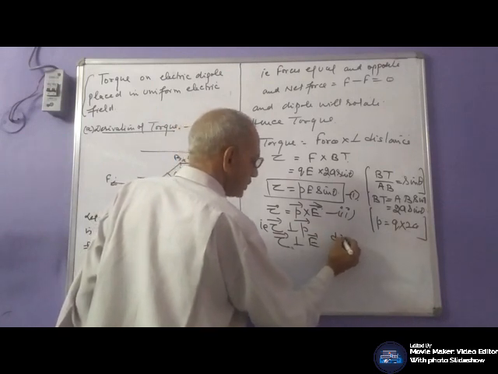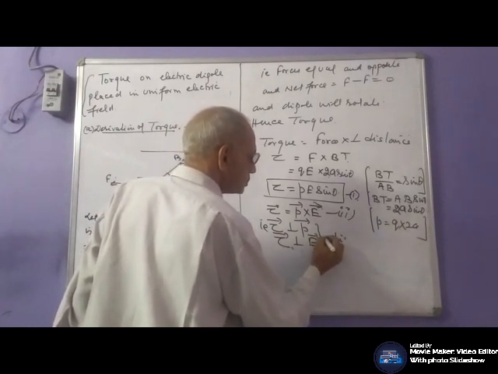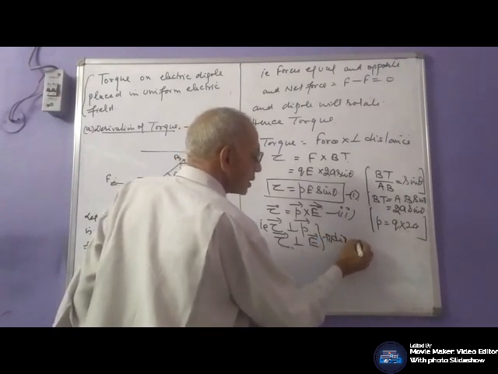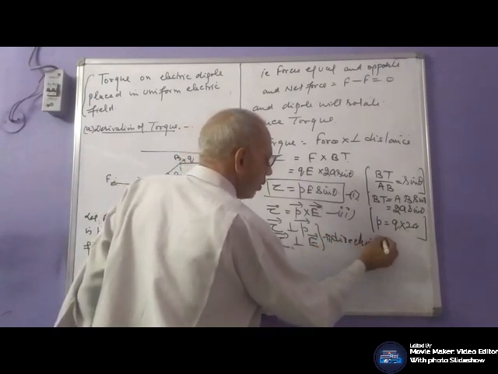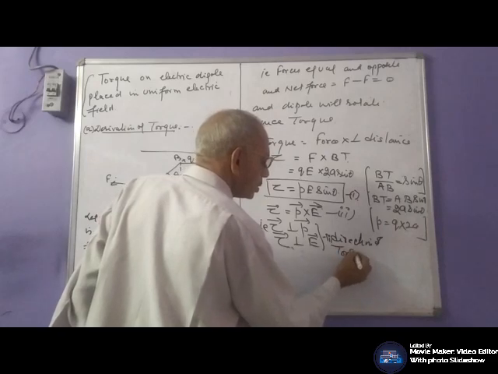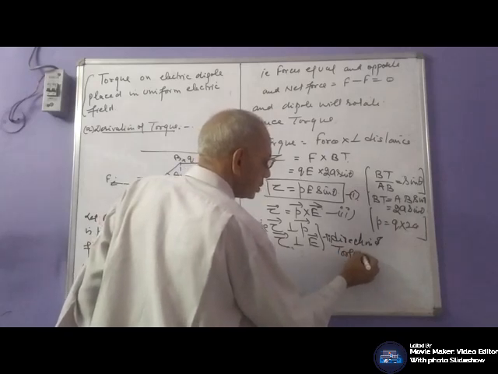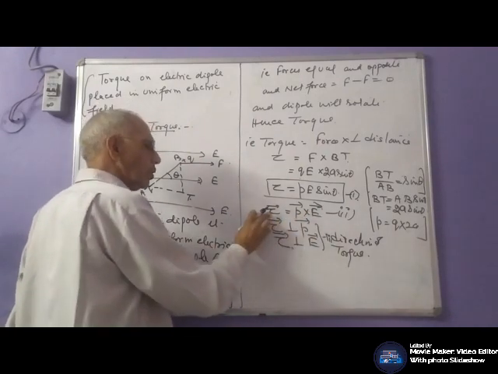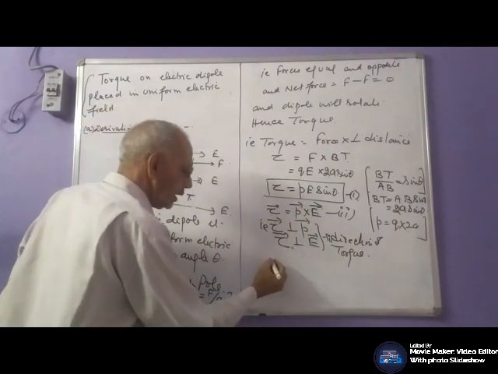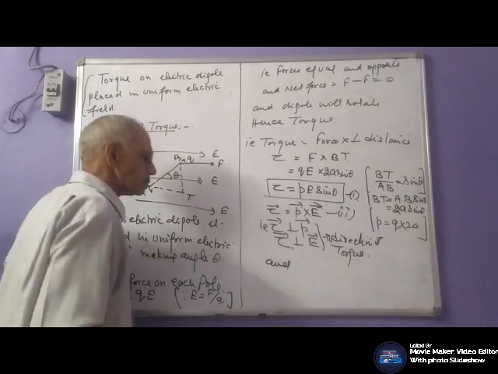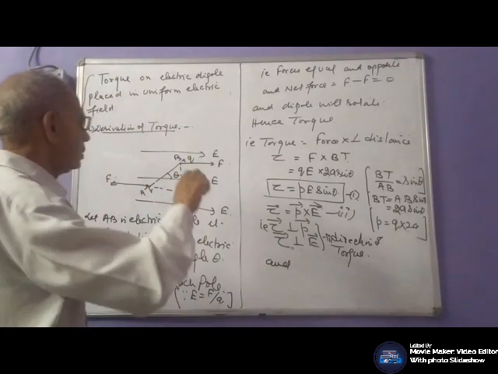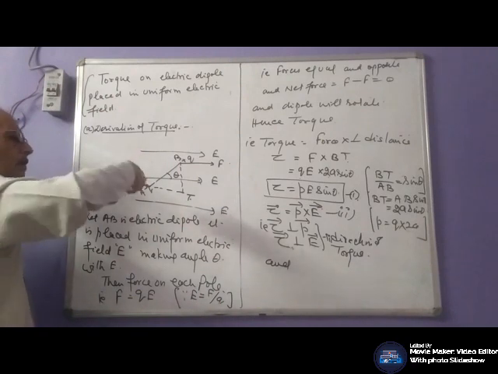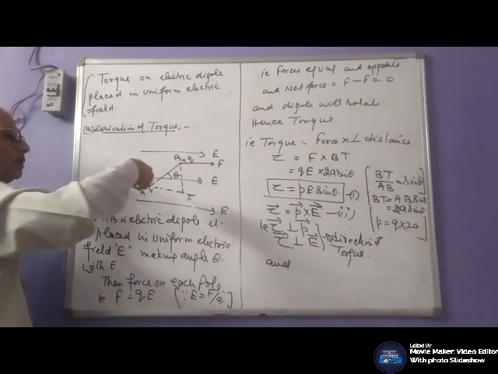This is the direction of torque. Since it is a cross product, torque is perpendicular to both, given by the right hand screw rule.